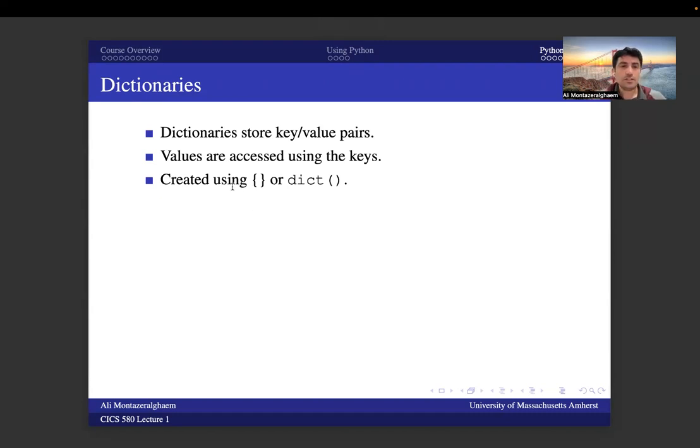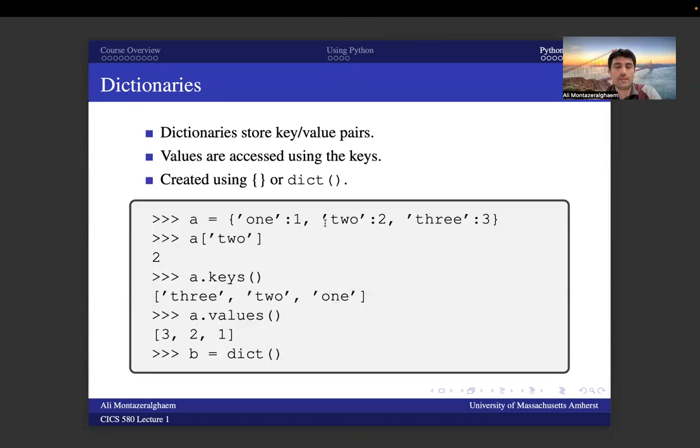A dictionary can be created by using curly braces or by just using the keyword with parentheses. So let's see an example of a dictionary. Here we have A, curly braces, and we have 3 keys here, which are the string 1, string 2, and string 3.